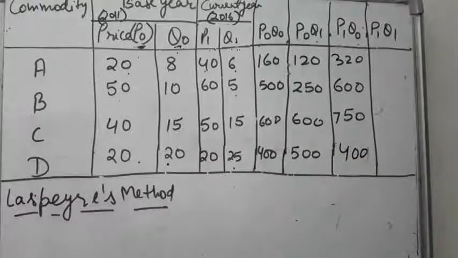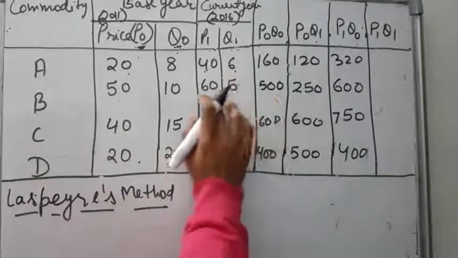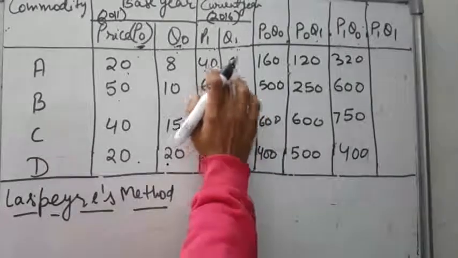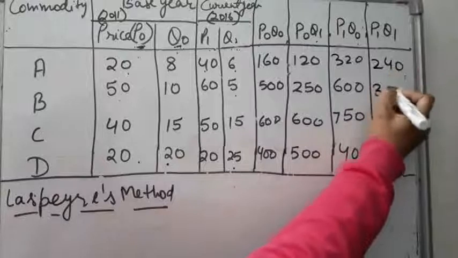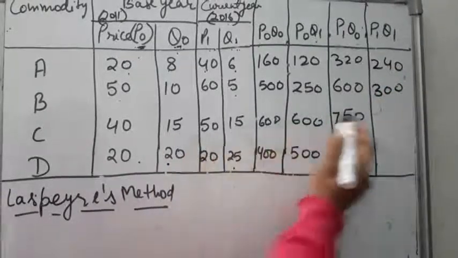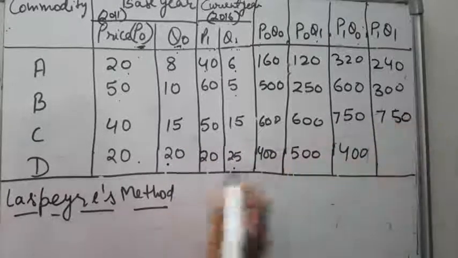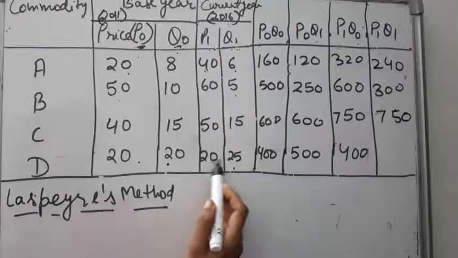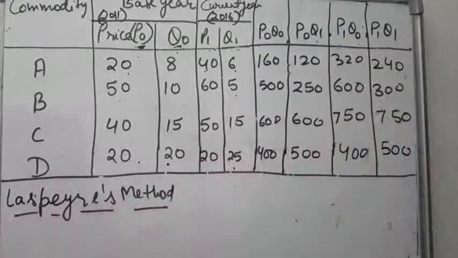In the next column we will multiply P1 into Q1. P1 is the current year price and Q1 the current year quantity. We will multiply both. Then 40 multiply by 6 it will be 240. Then 300. Then 750 and 500. These values we got.